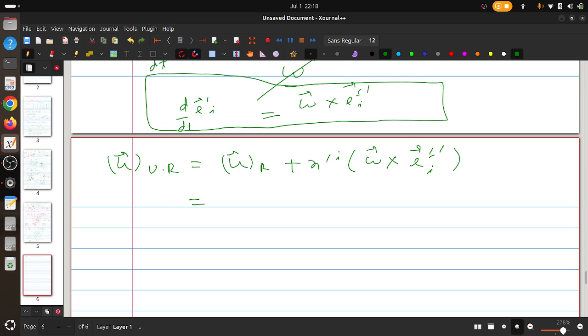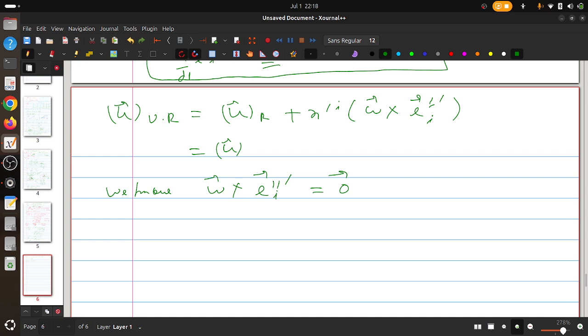Now we can play a very simple trick here. We know that omega cross E I parallel prime is equal to 0, because when the parallel component is there, if this is omega, the parallel component is along it, right? That is the definition. So the vectors are in the same direction, which means their cross product has to be zero.